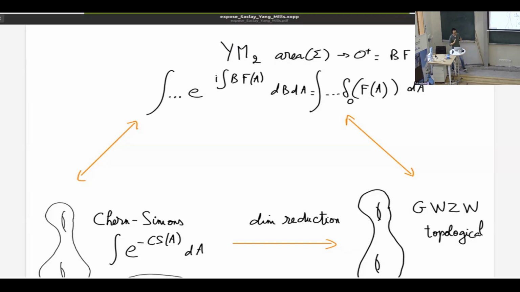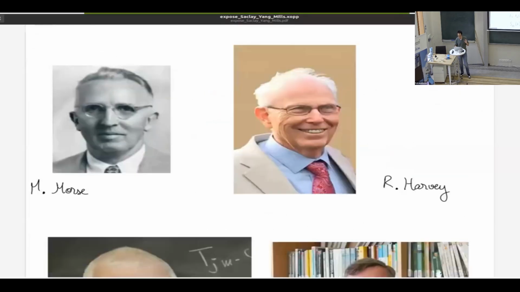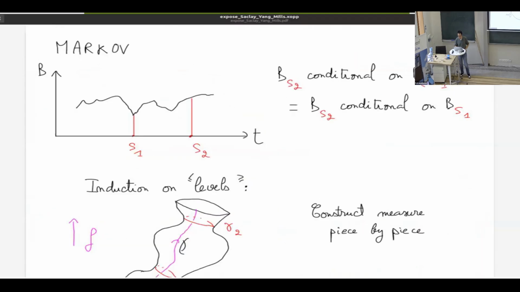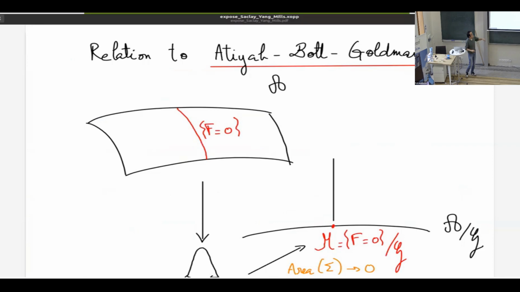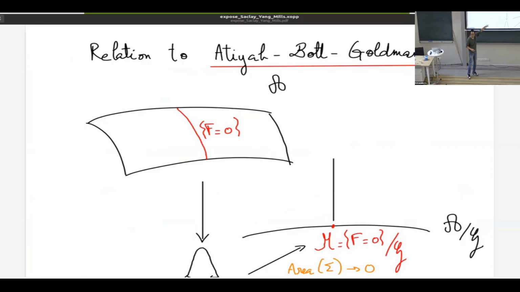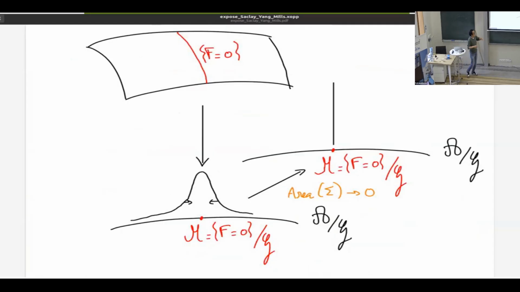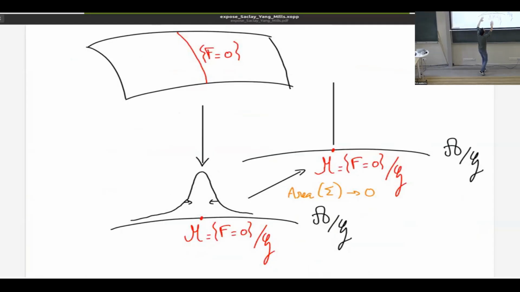Maybe I have a slide. If I'm lazy, I have a slide prepared for this comment. I'm sorry. So here curvature equals 0. I represent it in red. I have my measure, which is on an infinite dimensional space. When the area goes to 0, my measure concentrates on the space of flat connections, which is finite dimensional.